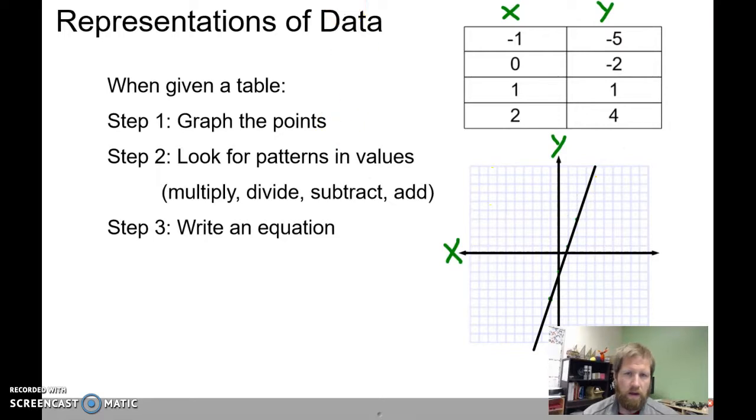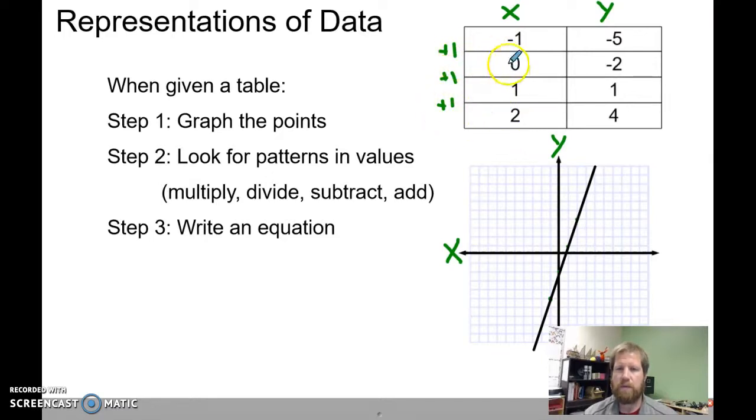All right, the next step is what we do to prepare for writing an equation. Okay, we're going to look for patterns in these values. And I already found some when I was looking at my graph. Right? I saw that every time I increased my x, and we can see that this goes up 1 each time, from -1 to 0 is 1, 0 to 1, 1 to 2.